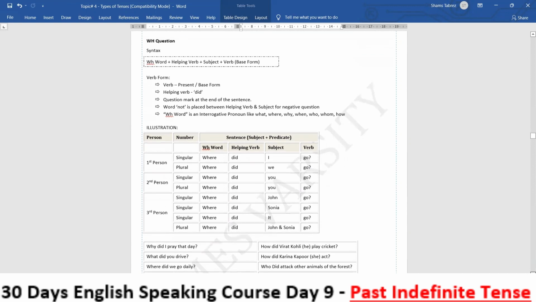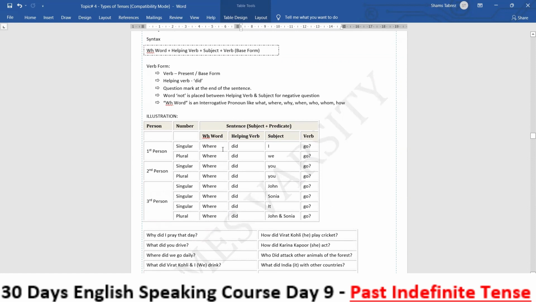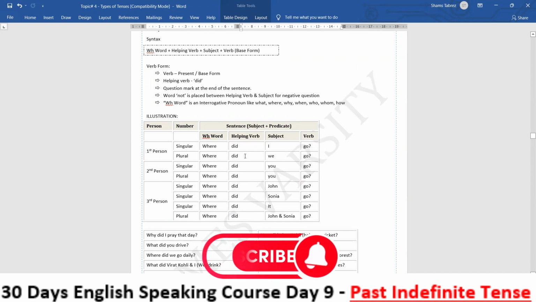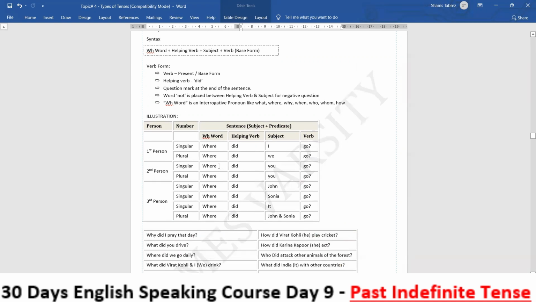So, an illustration: where did I go? If I want to make a WH question from the simple question, I'm just adding a WH word, so it becomes a WH question. Where did I go? Where did we go?